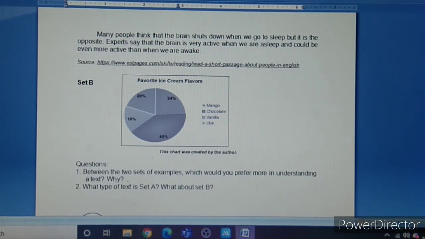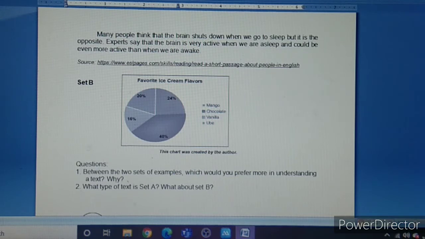Personally, I would prefer set B. Set B, because even if it is very simple, it is very clear. The data inside the graph is very clear.